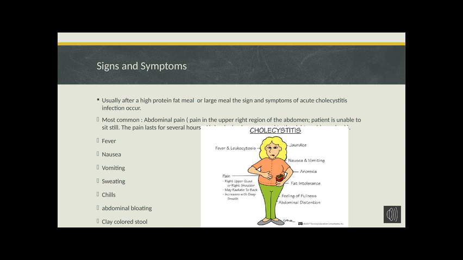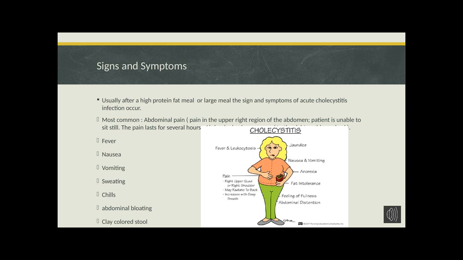Abdominal pain is like pain in the upper right region of the abdomen. When a patient has the abdominal pain, he or she cannot sit comfortably. They have difficulty sitting. The pain lasts for several hours. Abdominal pain can spread to the right shoulder or back.